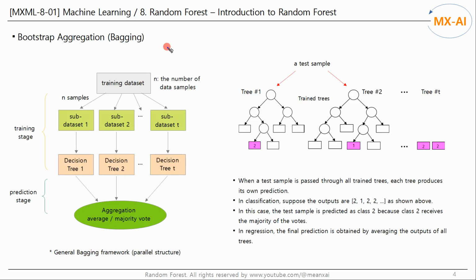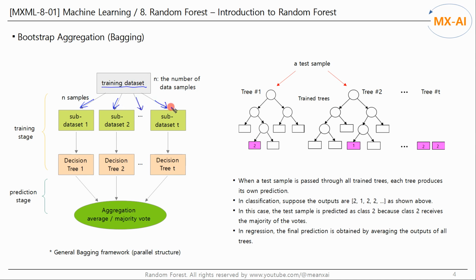Now, let's take a look at the overall structure of random forest. Random forest is a bagging-based ensemble method that uses multiple decision trees. Let's first look at the diagram below. From the training dataset, we repeatedly generate multiple sub-datasets through sampling.